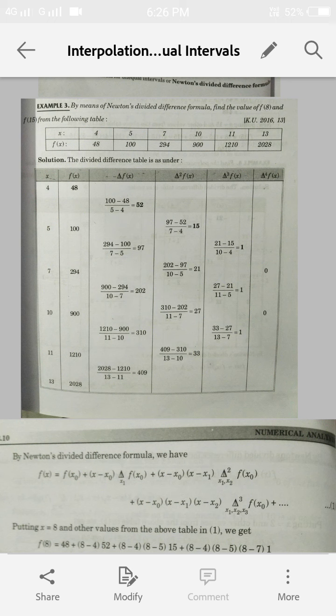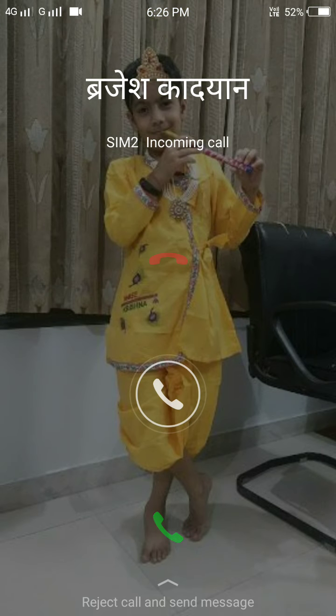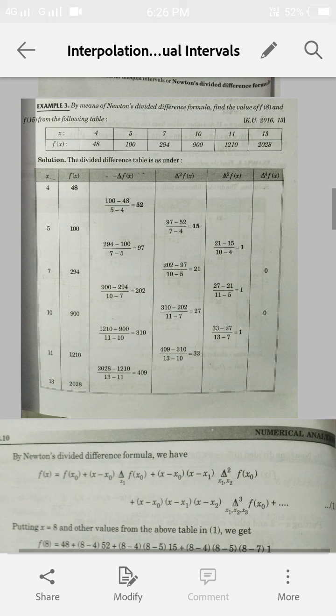Here in the numerator subtract the values of f of x, and in the denominator subtract the values of x. So we are with 100 minus 48 upon 5 minus 4, and that will be equal to 52. Next 294 minus 100 upon 7 minus 5, and that will be equal to 97.